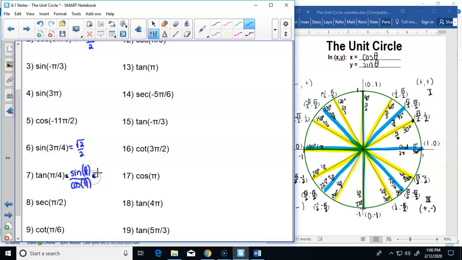So from the unit circle, Raphael, what is the sine of pi over 4? Square root of 2 over 2. Right, that is my y-coordinate. And then cosine of pi over 4, it's also square root of 2 over 2. So square root of 2 over 2 over square root of 2 over 2 is 1.